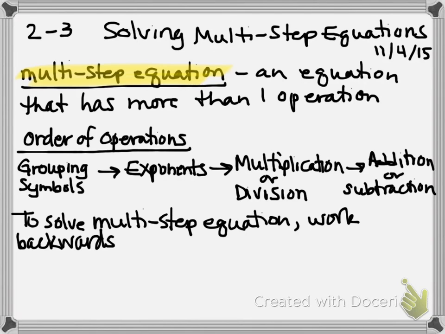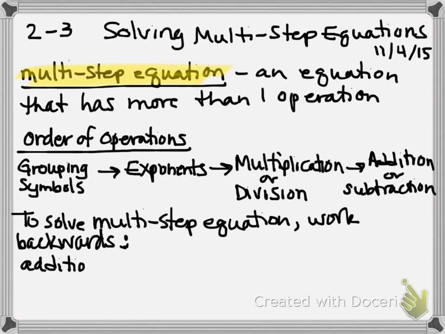What I'm saying by that is that instead of ending with adding or subtracting, we're actually going to begin by adding or subtracting. Our goal is to get the variable alone. If the variable has a coefficient of any type, I don't want to get rid of that first. What I want to get rid of is the constant. So we're going to do addition or subtraction first.